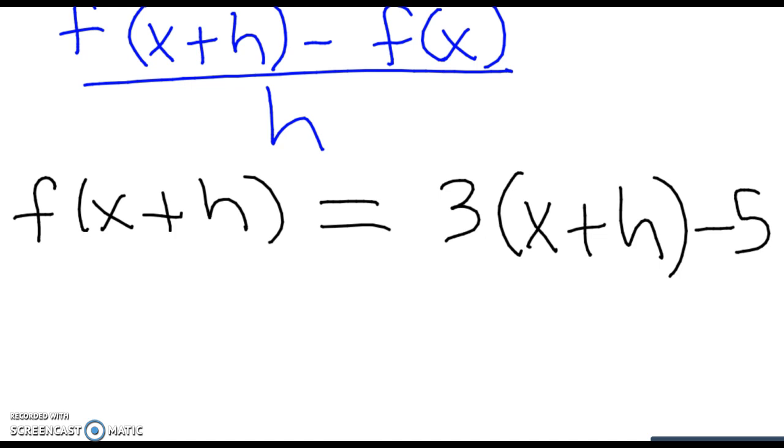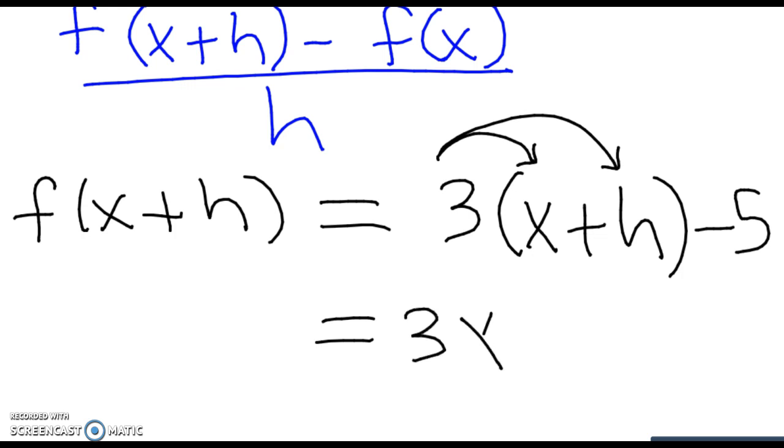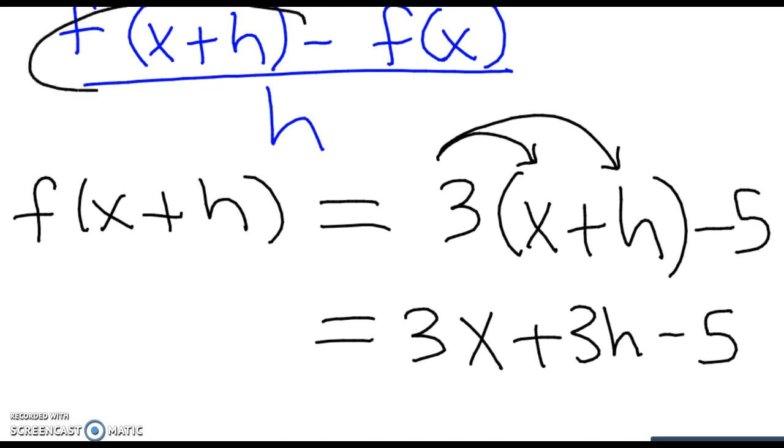We're going to distribute the 3. And this will give us a product of 3x plus 3h minus 5. This is what f of x plus h equals. So we have determined this part.